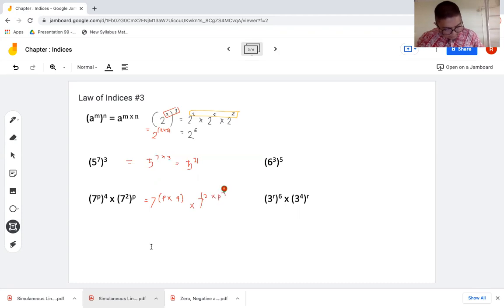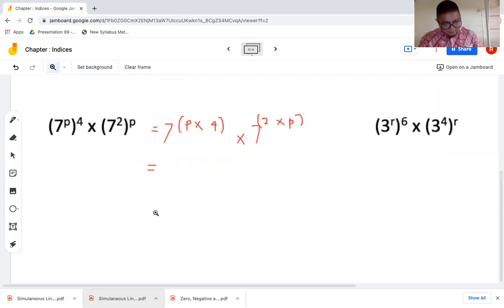So from here, you can see that we are going to have this as 7 raised to 4p, multiplied by 7 raised to 2p. And as we know, if we are multiplying the same bases, what we need to do is just add their exponents. So this is going to be a calculation of 4p plus 2p, which eventually will give you a final answer of 7 raised to 6p.